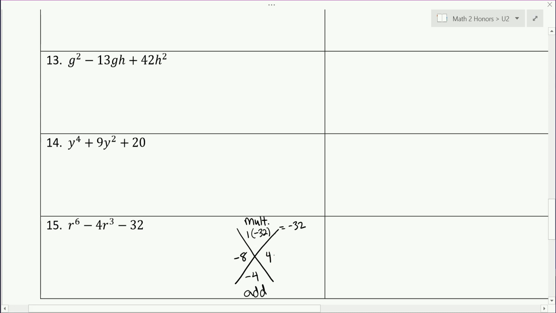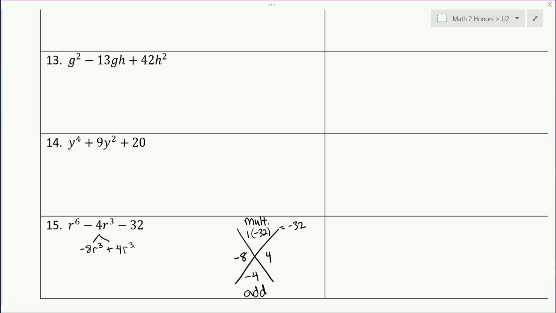Okay. So now when we split this up, what am I going to write here? Negative 8 what? R to the 3rd plus 4 what? R to the 3rd. So what's important here is that these two are always like terms with the middle term.